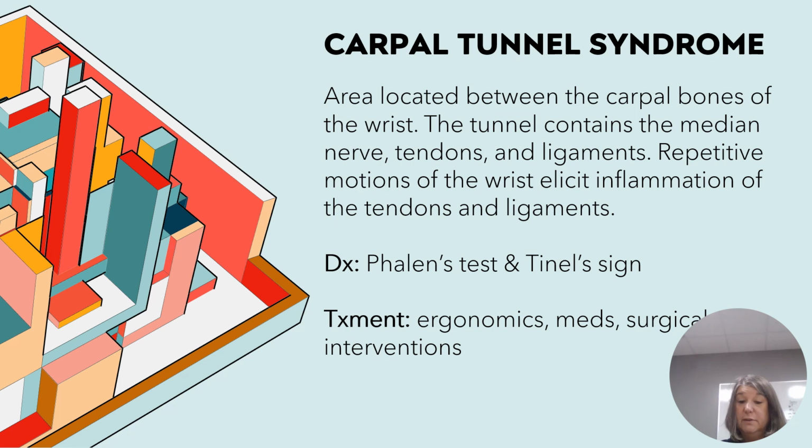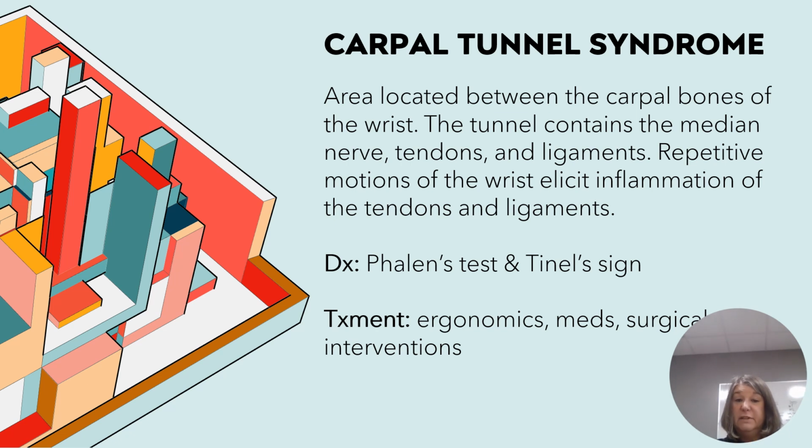Now everybody uses a keyboard, so I'm sure the differences we see between men and women getting carpal tunnel is going to be reduced, because even though women still are at greater risk just due to the smaller size of the hands, men are using keyboards just as often as women, right? So that's probably going to change.